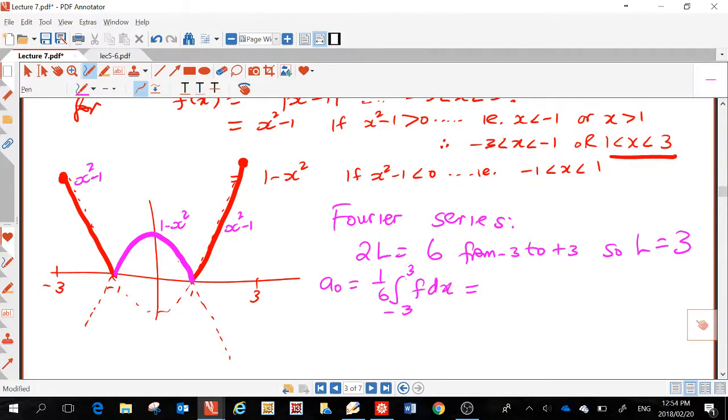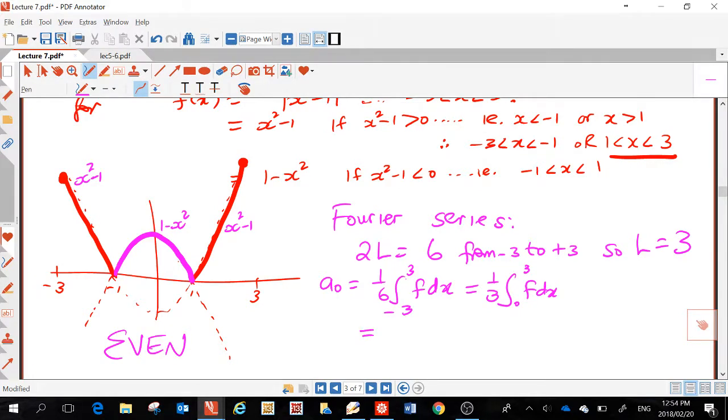We also know this function is even, by the way. How do we know that? Just by looking at it, you can see it's symmetric about the y-axis. It's even. So you may double this and get 1/3, integral from 0 to 3 of f dx.